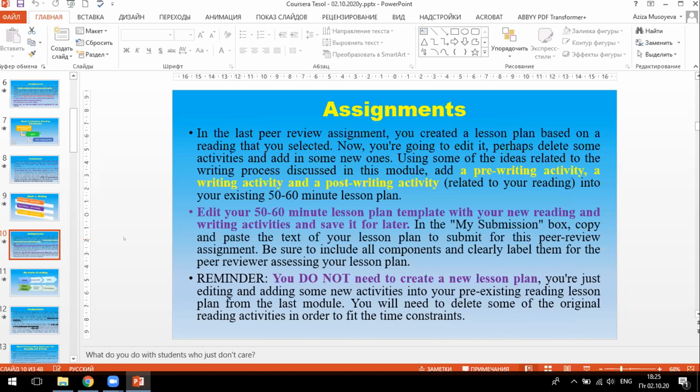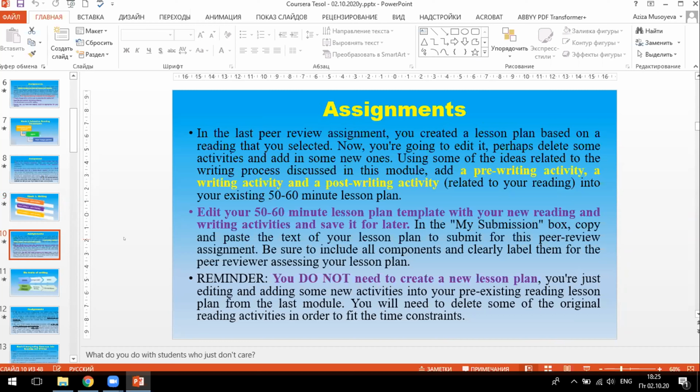You can add a pre-writing activity, writing, and post-writing activity related to your reading. It can be directly or indirectly related, but anyway, it should be related, not something different from reading.